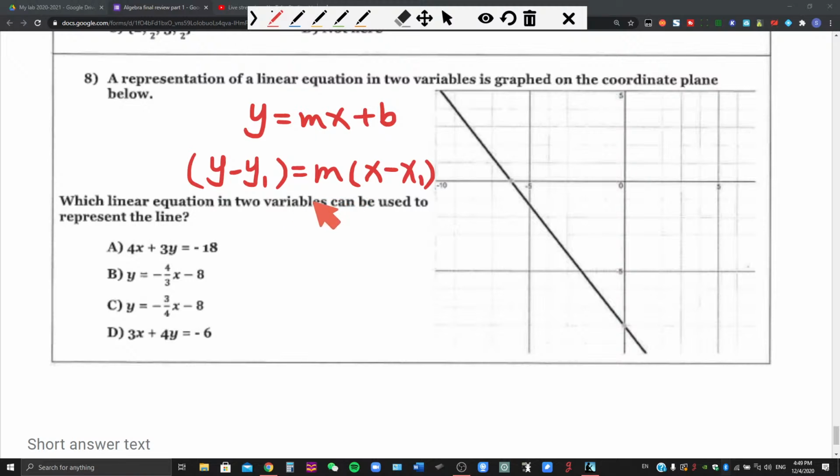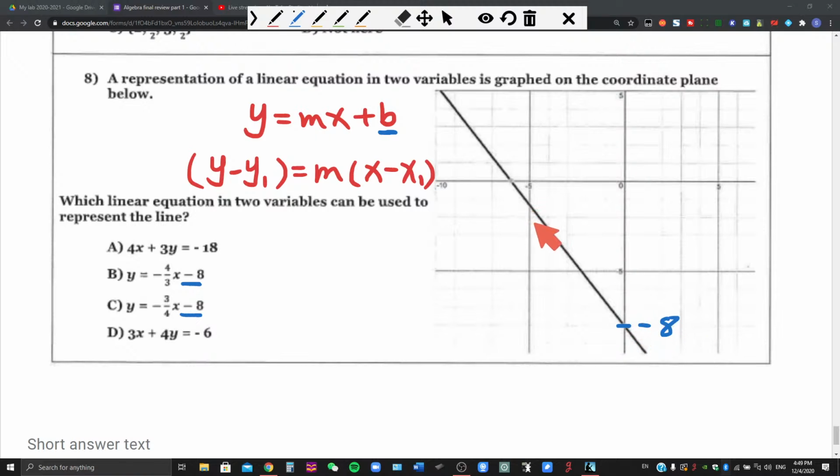So we have two choices. Which one do we pick? That depends on whether we can easily find out the b. Yes, we can. The y-intercept looks like negative 8. Let's suppose this is negative 8, so we can find the b.